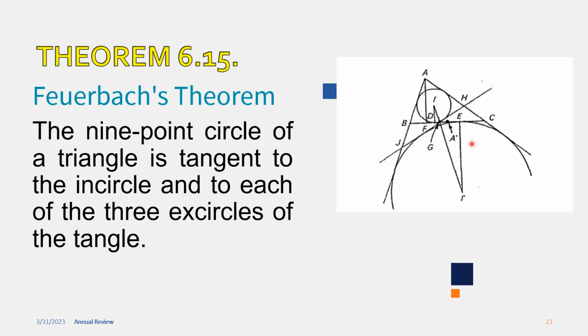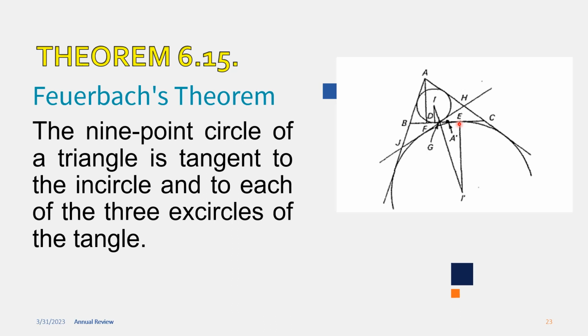Now if A prime is taken as the center of inversion, and if A prime D and E A prime are taken as the radius of the inversion, then the incircle and excircle are both invariant since they are orthogonal to the circle of inversion.